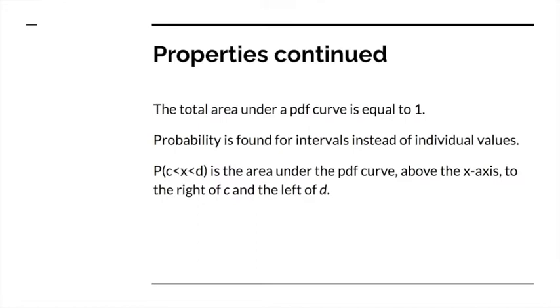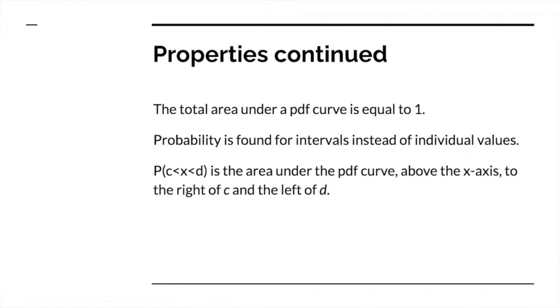In this chapter, we're only going to be able to find probability for intervals, not for individual values. Again, because we're dealing with area, there has to be some space that we're trying to find the probability of. This will make more sense once you see some graphs, but if I just asked, what's the probability that x equals 3? Well, x equals 3 is a vertical line, right?